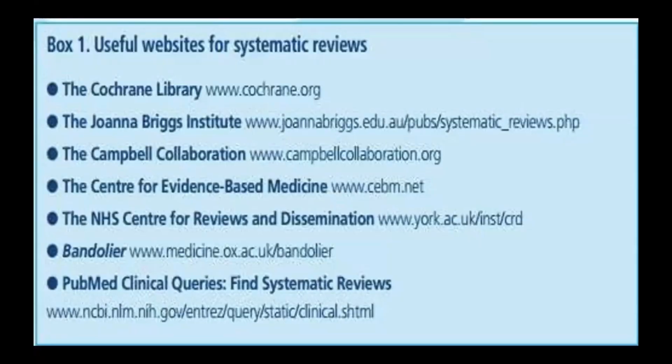Different studies can be used for the systematic review and meta-analysis. You can use different websites, and I have given these websites. You can even calculate from PubMed. Usually I do it mostly from PubMed.